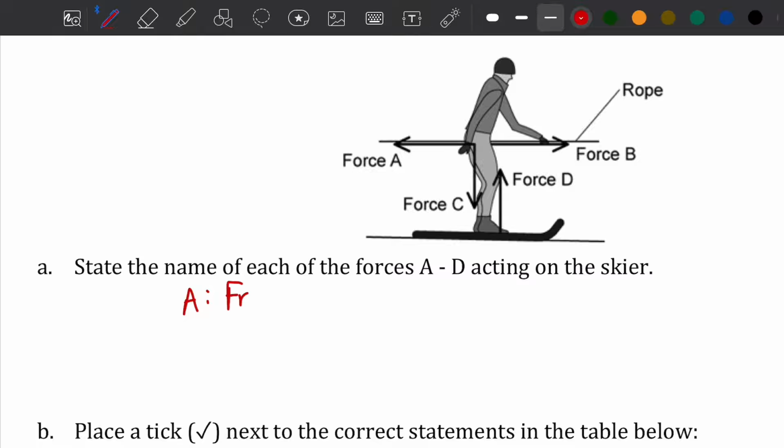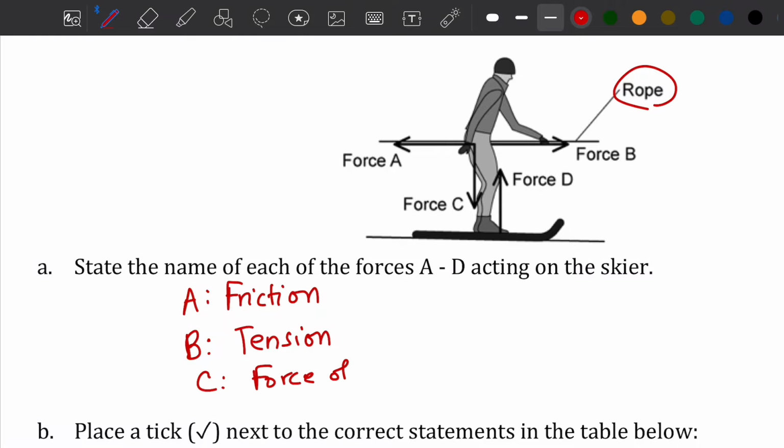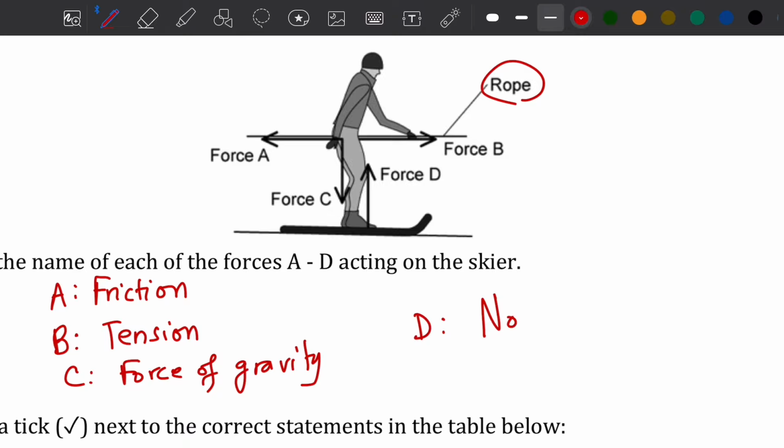So that is friction. B, there is a rope. They have labeled that there is a rope, so that means it should be tension force. C will be obviously force of gravity, and D is the normal force or the reaction force.